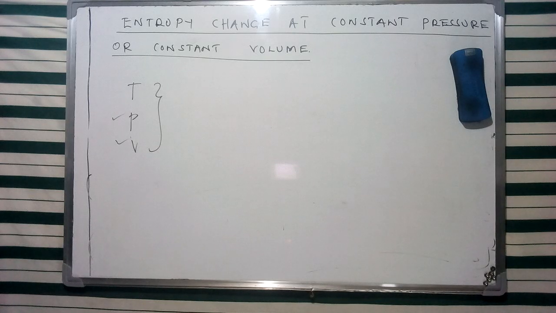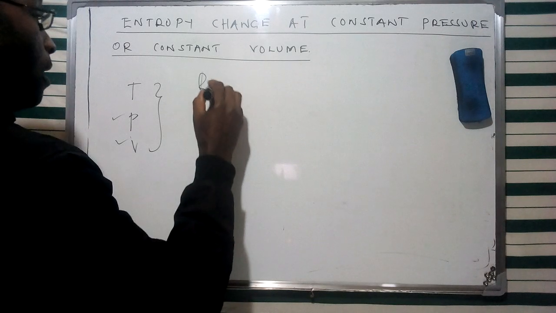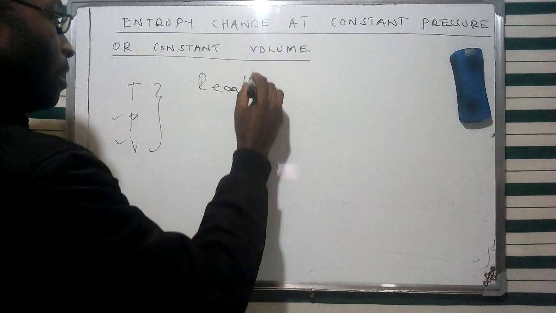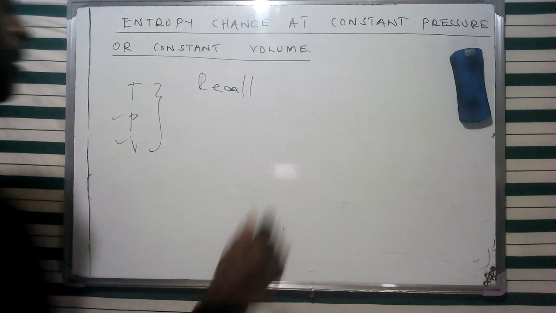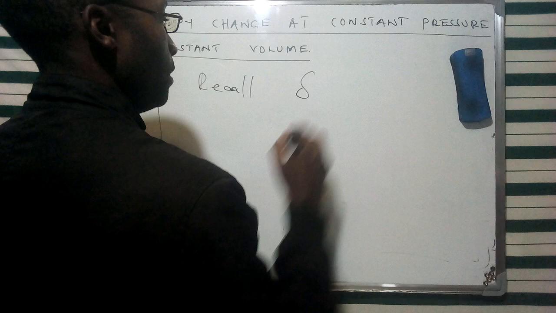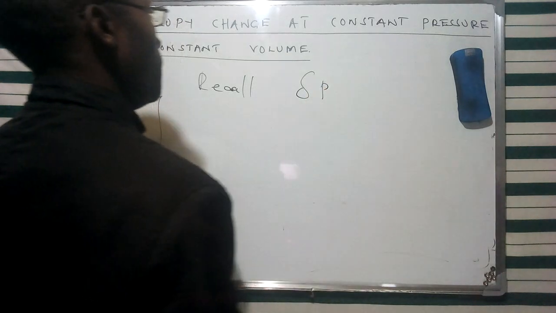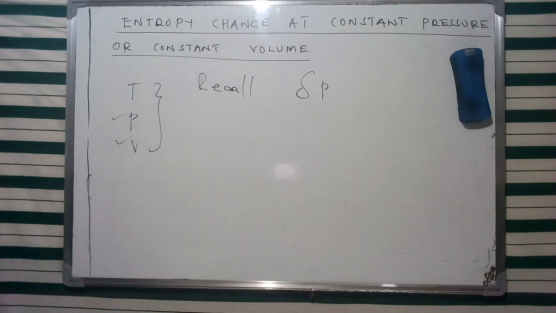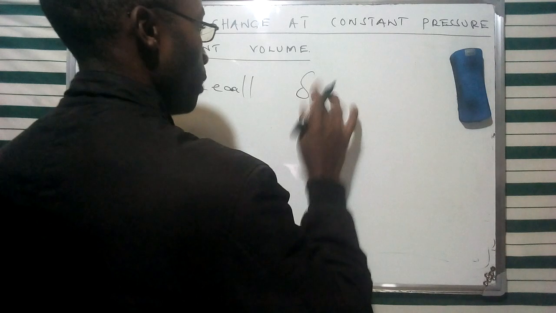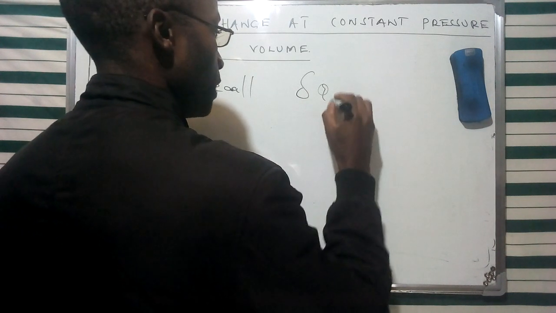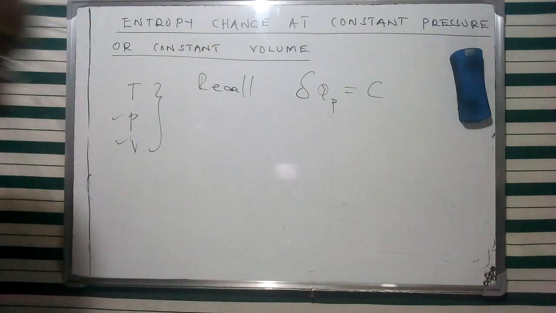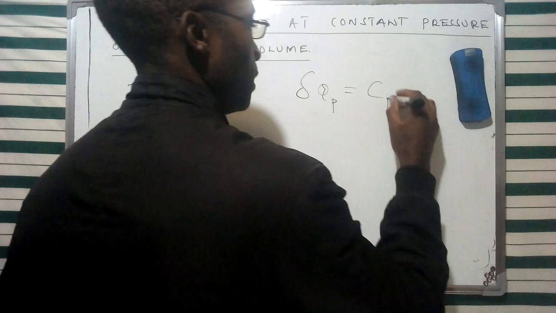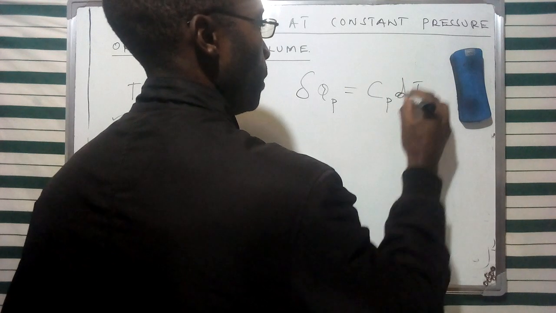In this particular case, we're going to look at the two representations that we have done for the heat at constant pressure and constant volume. I'd said that we can represent the heat involved as sigma Q at constant pressure, using that subscript there. This is equivalent to Cp, the molar heat capacity at constant pressure, with dT.